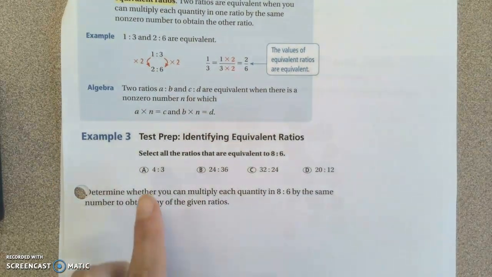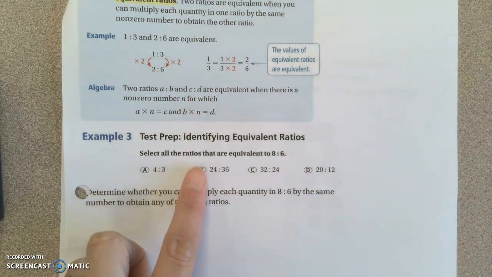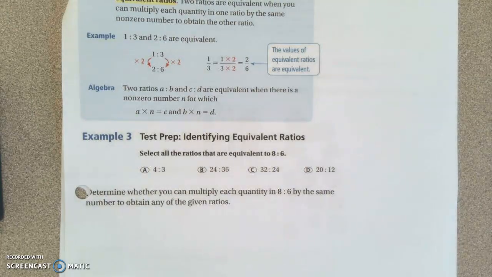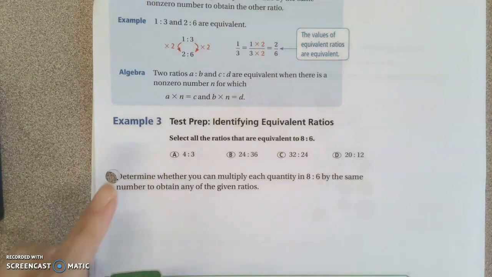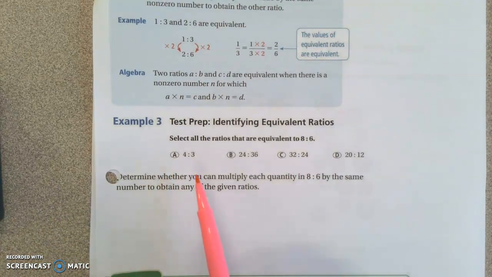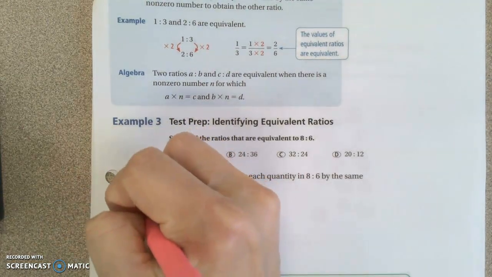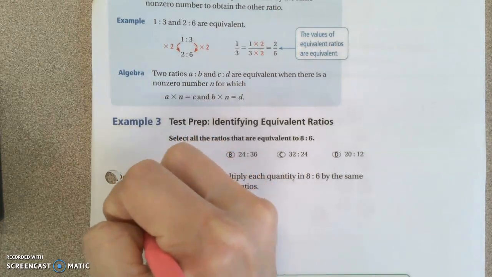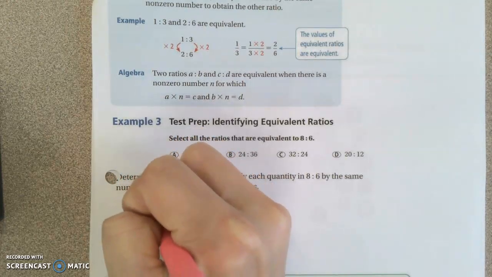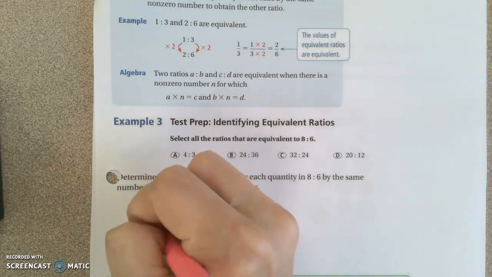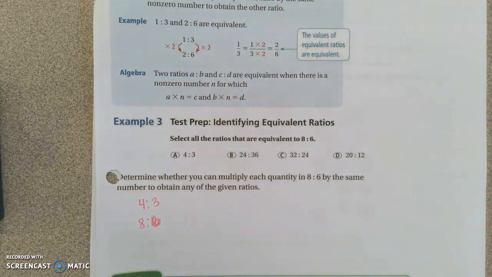When we look down here, it says to select all the ratios that are equivalent to 8 to 6. So what we're going to see, if we look at choice A, 4 to 3, and we have 8 to 6, that should be a 6, not a 16 there.